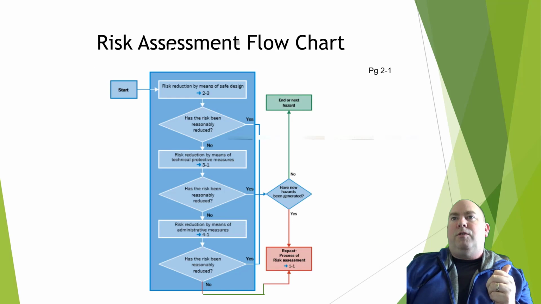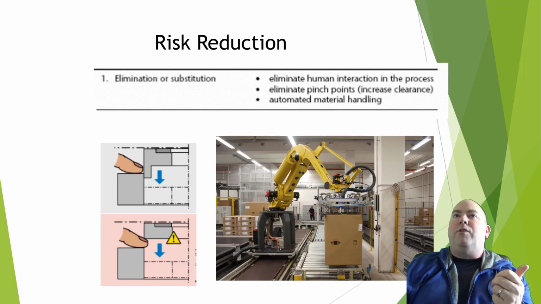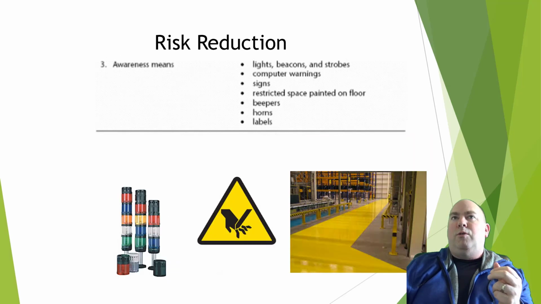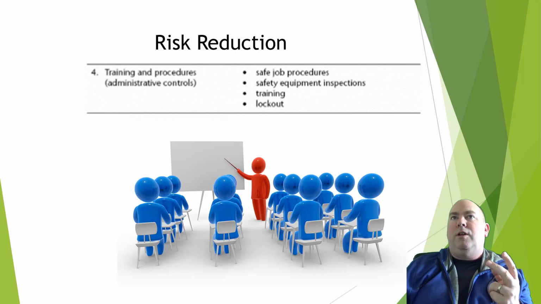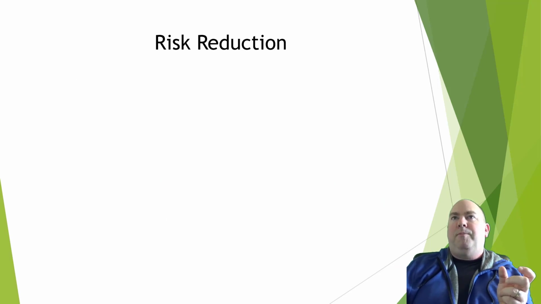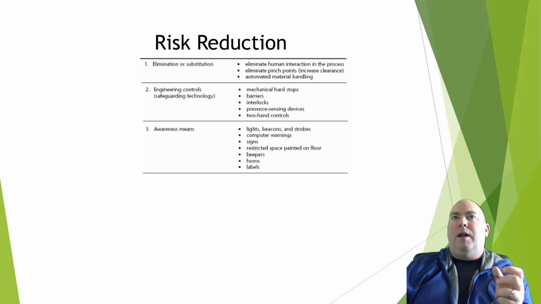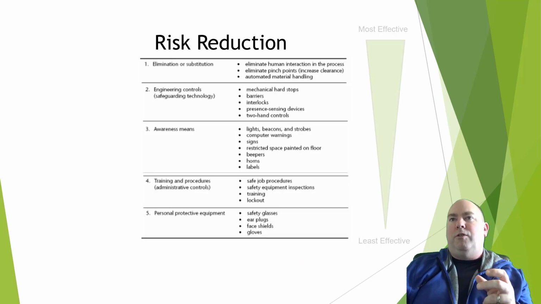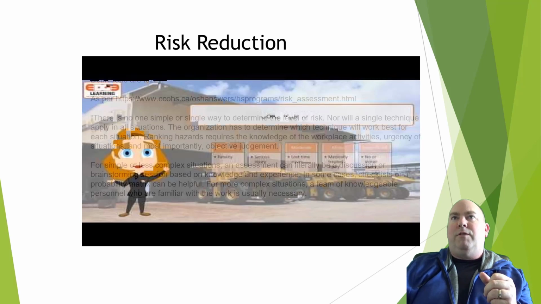How to use this flow chart. And then the different methods of risk reduction. So elimination, substitution, engineering controls, awareness means, training and procedures, and then the personal protective equipment or PPE. And then which ones are most effective versus least effective. We watched that video.